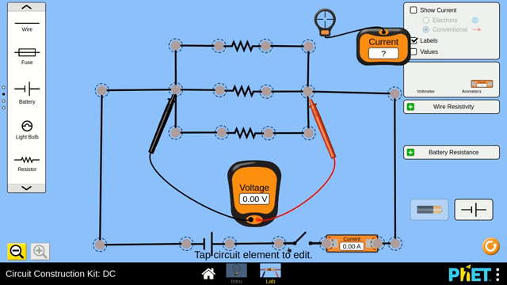Here the setup is as shown in this diagram, and the voltmeter is connected across the ends of the three resistors that are in parallel.